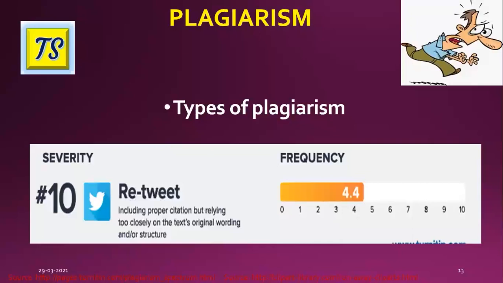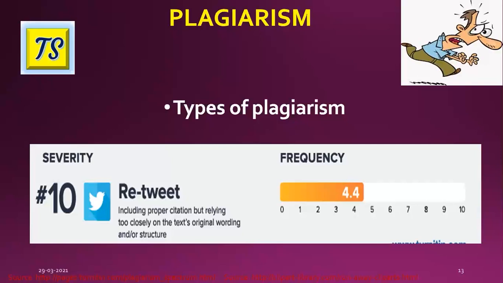This is the 10th type of plagiarism. It is called a retweet. Including proper citation, but relying too closely on the original text's wording and or structure. You have given proper citation. Other theses' tables and some pictures, almost closely, you have followed in your research.